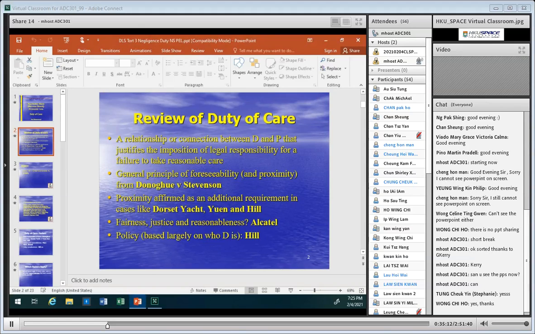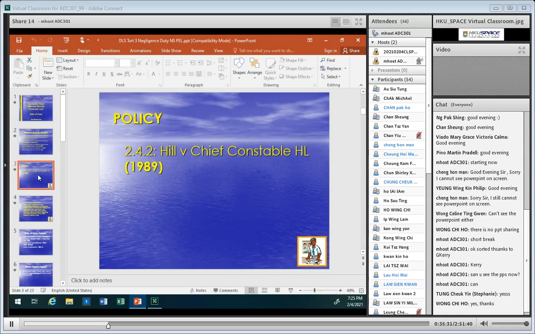And then, of course, fairness, justice, and reasonableness. Everybody says, why do we have this? It's so vague. Well, it's just another excuse, if you like, for the courts to rule that there is no duty of care owed. And then, of course, the policy arguments based largely on who the defendant is.